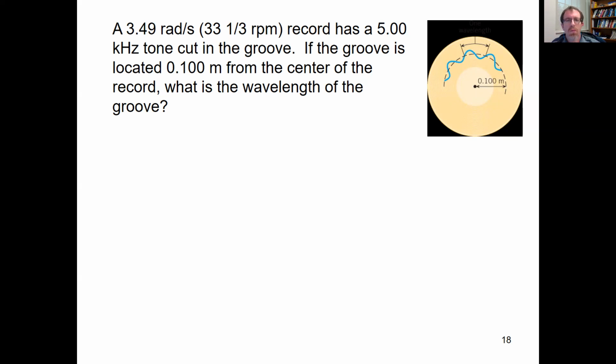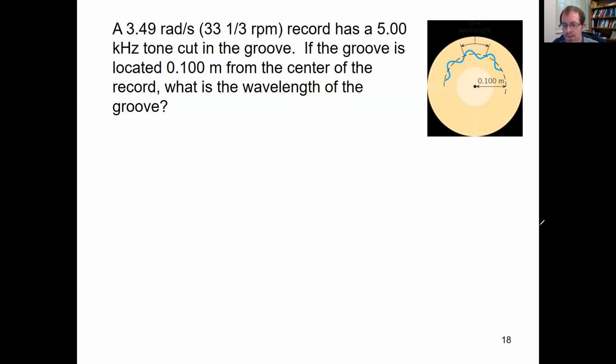What we want to figure out is, what's the wavelength of this groove? What's the distance for individual cycles of our groove that would produce this 5,000 hertz tone as the needle travels across the top of this record? All right, so that's our goal.